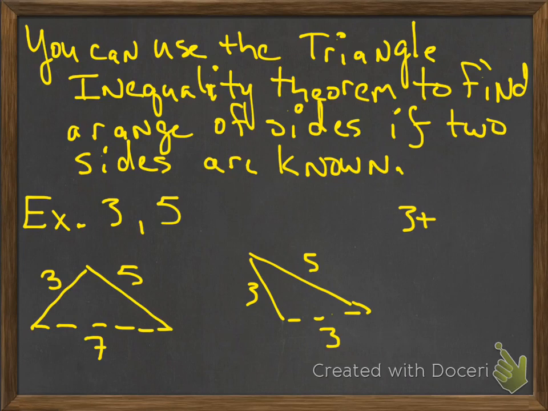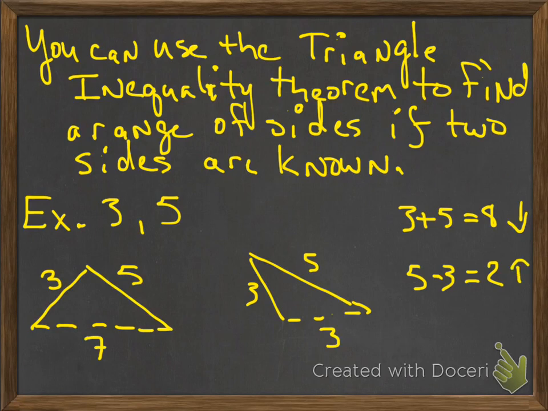The way to do that is this: if you add the two sides that are known, you get 8, and you know it needs to be less than that. Remember, the two sides have to be greater than the third when you add them together. Also, you could subtract, and you would find the numbers that it needs to be bigger than.